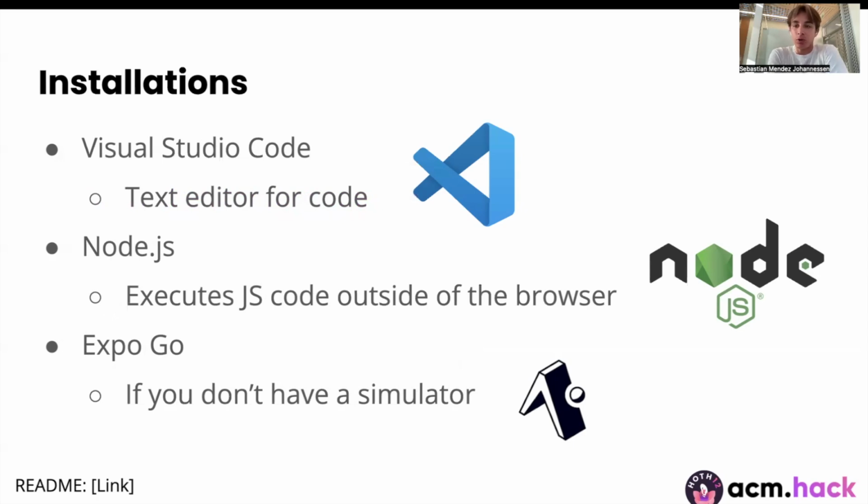You'll also have to install Node.js, which is a runtime environment that lets us execute JavaScript code outside of the browser. And also, if you don't have a simulator installed on your computer, I would encourage you to download Expo Go on your mobile device, so that can function as a simulator instead.